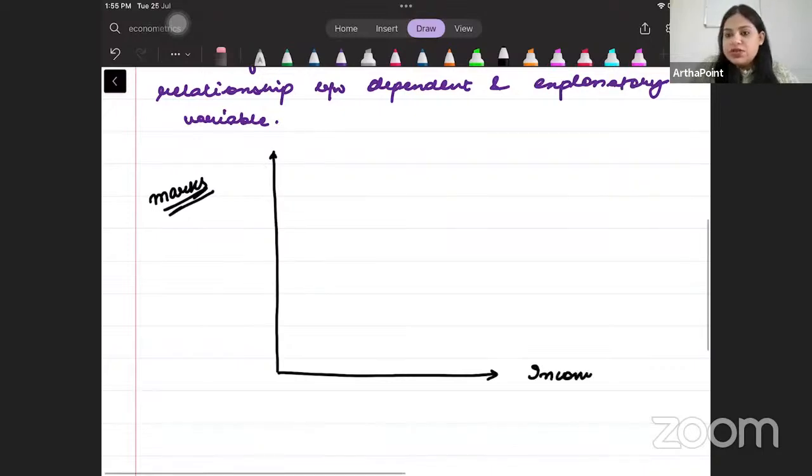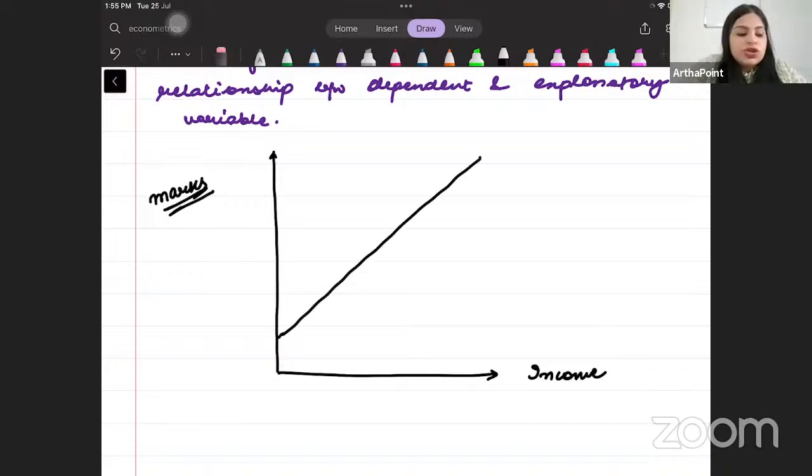Suppose I want to find out this relationship: if a person comes from a high income family, maybe the family is educated and helping him with studies, or maybe they are putting him in a lot of tuitions, and that is why the student is scoring well. So I want to define whether this relationship exists or not between income and marks. And let's say that I get this positive relationship, that as income increases, the marks scored by the student will also increase.